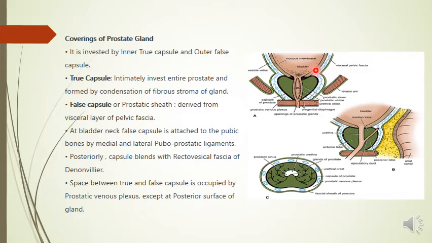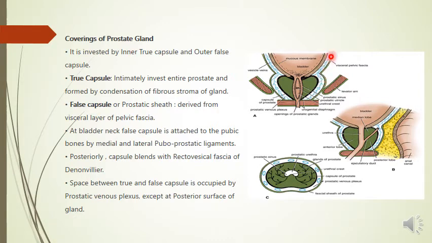This always will be on the inner side because it is the condensation of the fibrous stroma of the gland, and it forms a thick fascia and intimately invests the entire prostate.